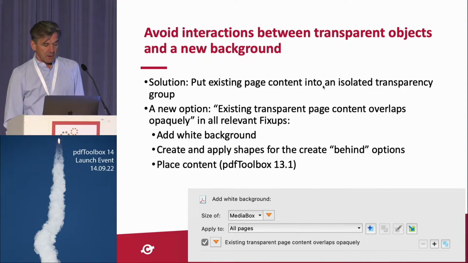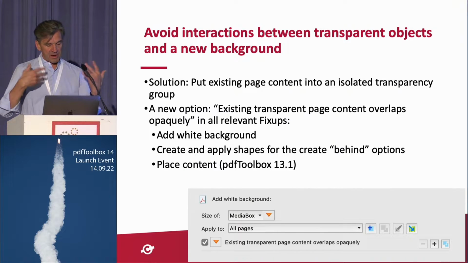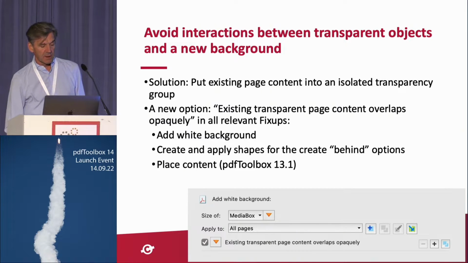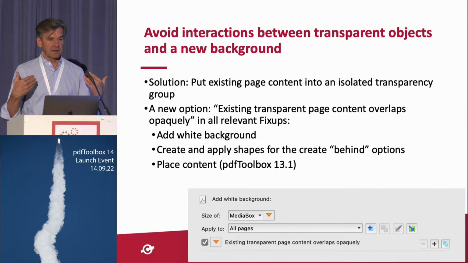In pdfToolbox 13, we already introduced a parameter for place content, which would allow you to do the same thing. Also, when placing content, you could specify that the placed content is put into an isolated transparency group. In pdfToolbox 14, this becomes also possible for objects that existed before you inserted that new background.